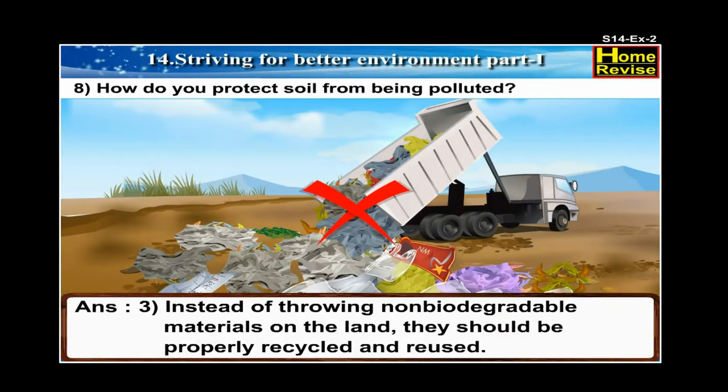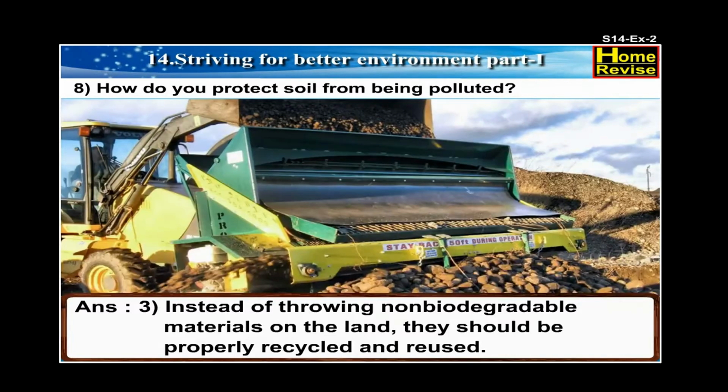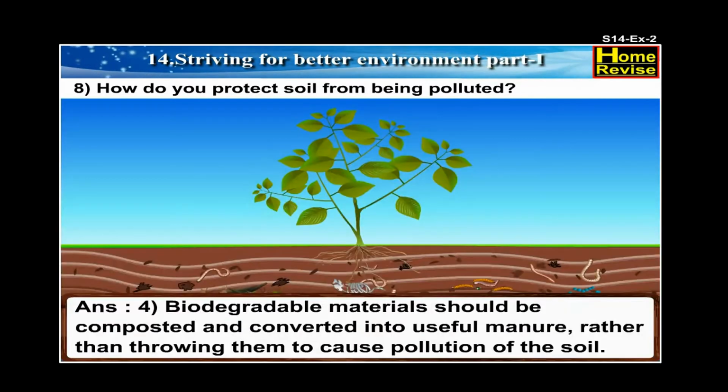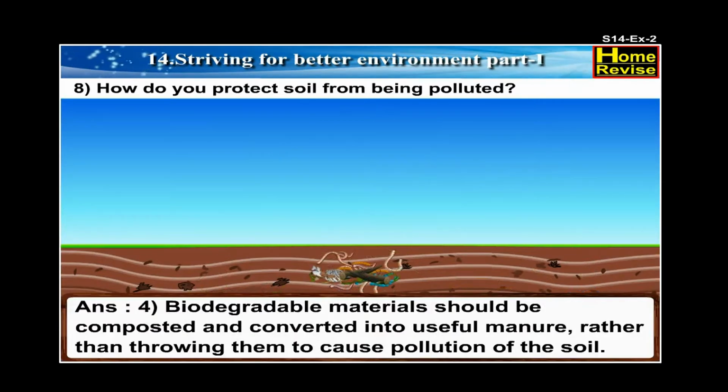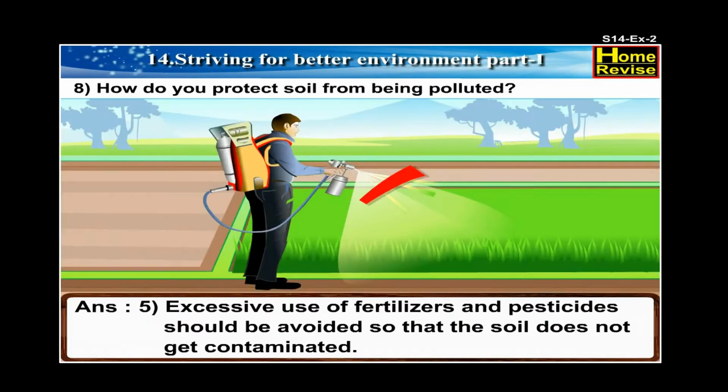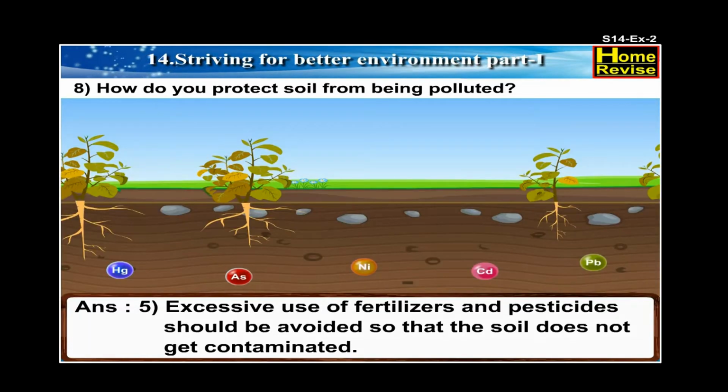Instead of throwing non-biodegradable materials on the land, they should be properly recycled and reused. 4. Biodegradable materials should be composted and converted into useful manure rather than throwing them to cause pollution of the soil. And 5. Excessive use of fertilizers and pesticides should be avoided so that the soil does not get contaminated.